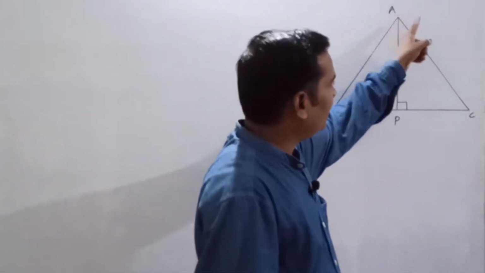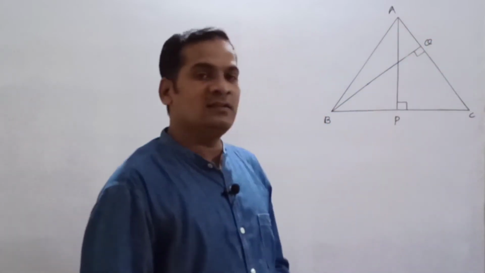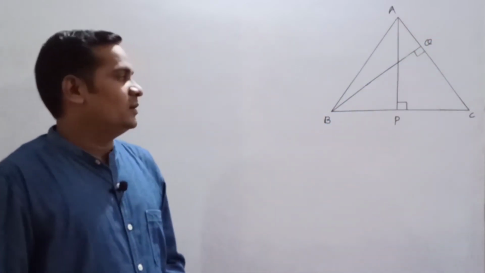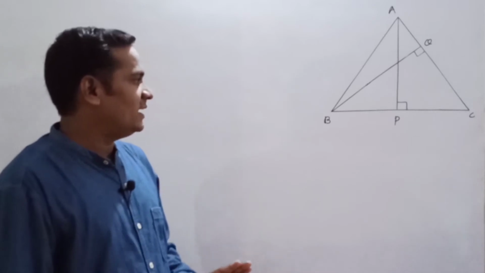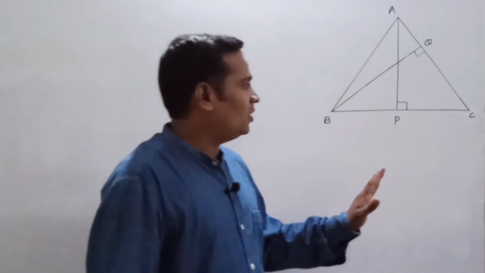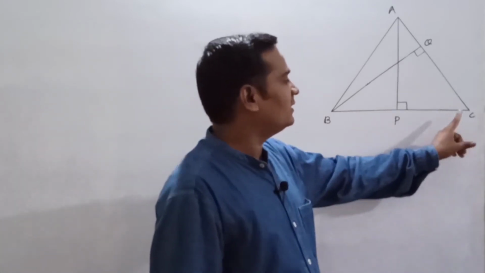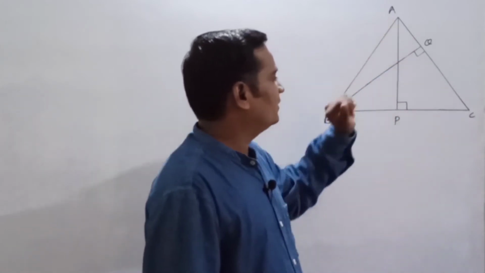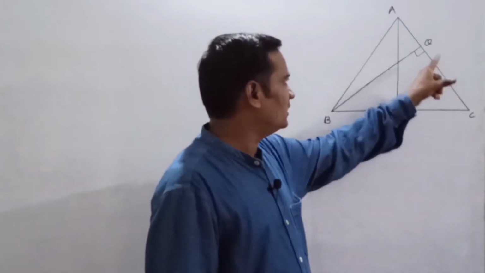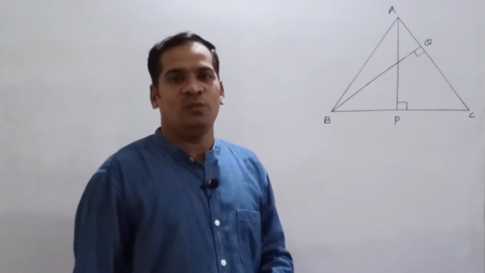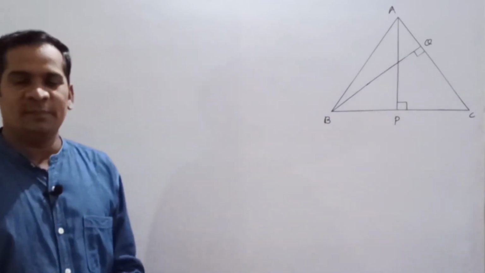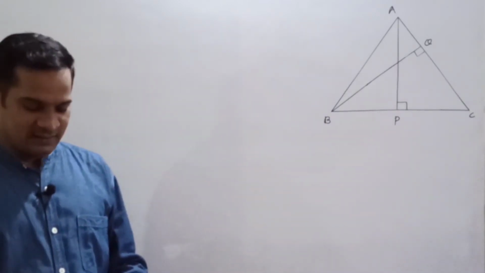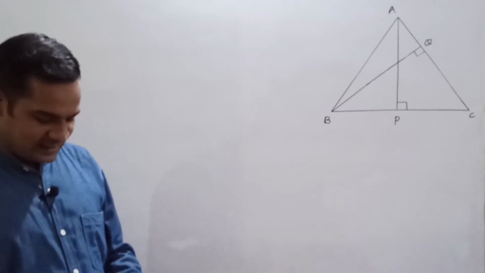Similarly, points A, Q and C are collinear. The question is to prove that triangle CPA is similar to triangle CQB, and some segment lengths are given.